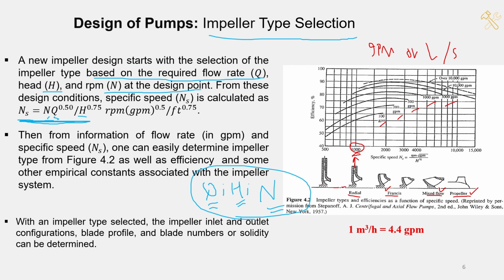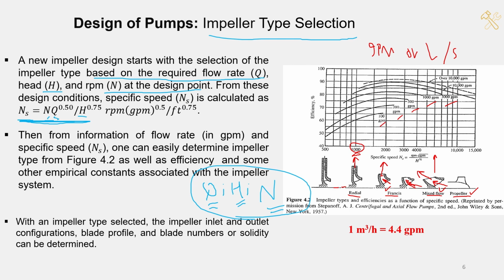In mixed, in Francis, it enters at some angle, but then leaves in the radial direction. If you have a mixed flow impeller, then it enters in the meridional component and exits in the same direction. But both of these directions are not radial and not axial, so they are in between radial and axial.